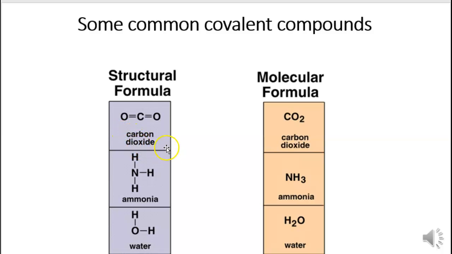So for carbon dioxide, we see carbon is in the middle, and it is sharing 2 electrons with this oxygen and 2 electrons with this oxygen. Ammonia also has nitrogen in the middle. It is sharing 3 electrons with 3 different hydrogen atoms. And water has a very specific structure with this kind of an angle between its 3 atoms that we'll look at in a lot more detail later.